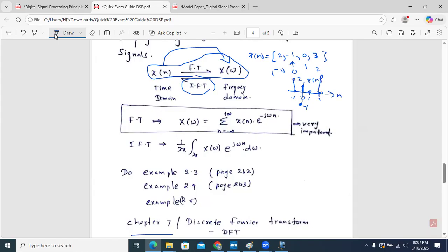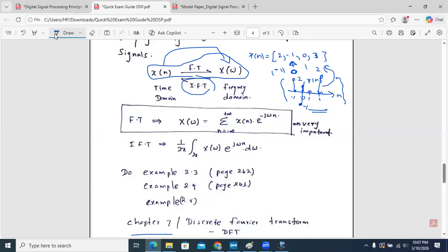This is a discrete signal, and it can also be given as a sequence. If you put an arrow here, that will be the 0th sample.